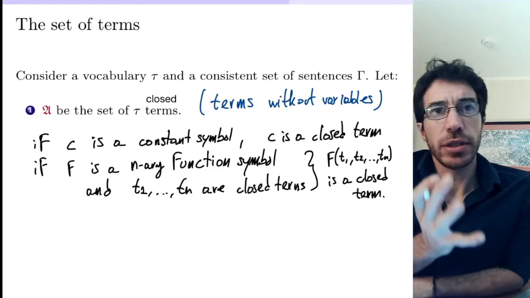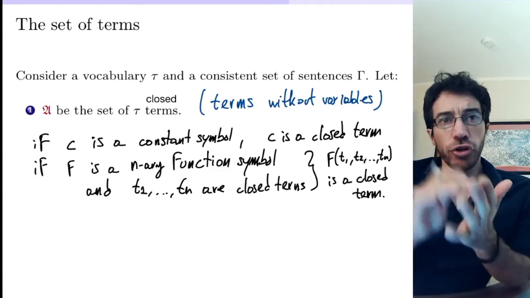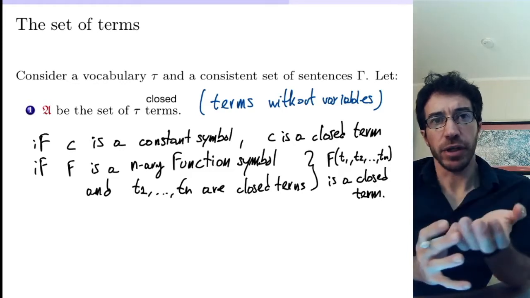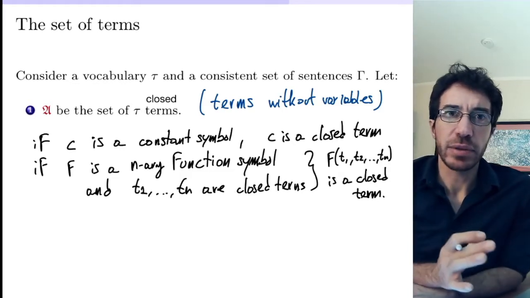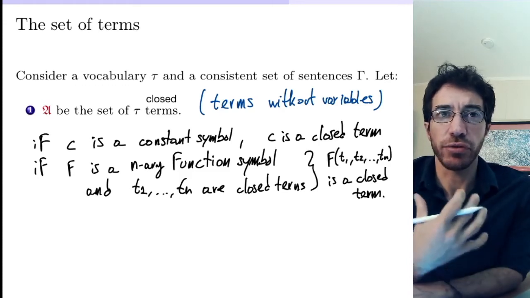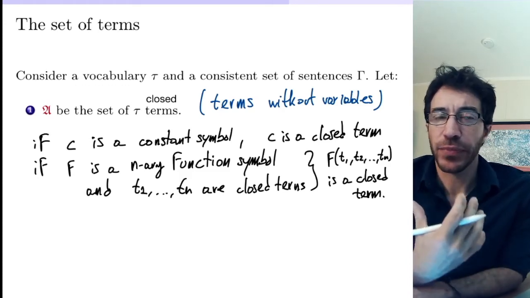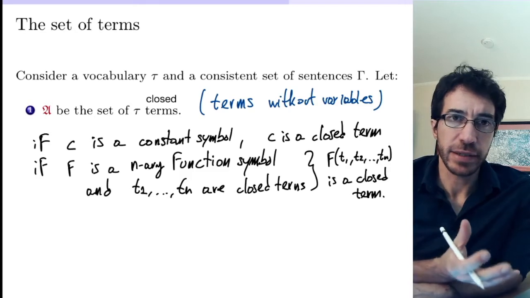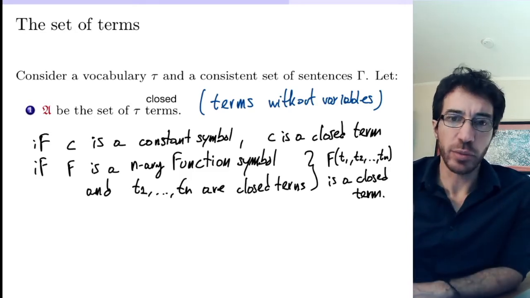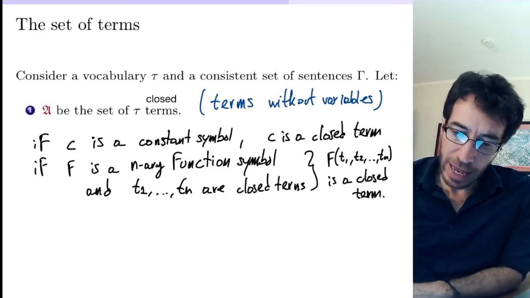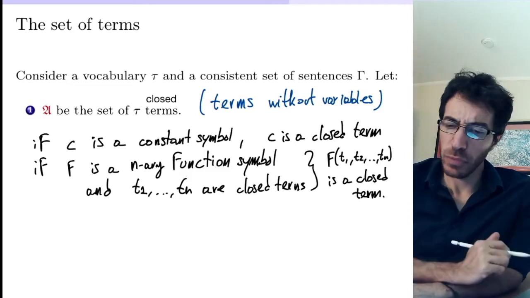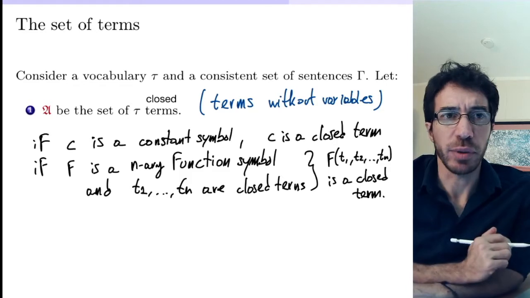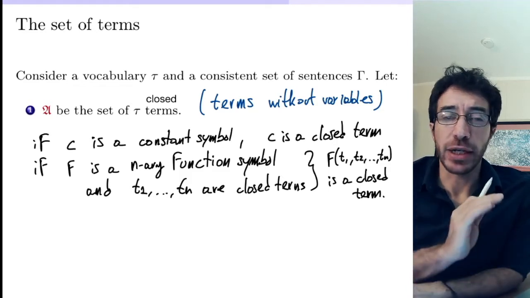Okay, so these terms are built out of constants by applying the function. But let's remember, when I say applying, it's not really applying, because these terms are nothing more than strings of symbols from our vocabulary. In this case, the symbols are only the constant symbols, the function symbols, the parentheses, and the commas. You don't need the commas, actually, but we can put them.